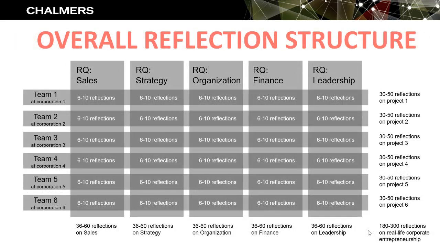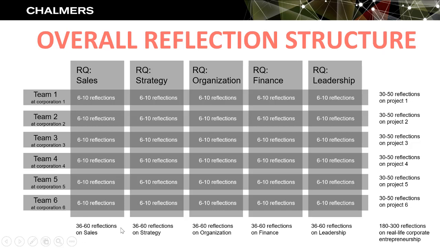So this is how it all fits together, the overall reflection structure. On the left-hand side here, you see the 6 different teams that are embedded in 6 different corporations around Sweden. And on this axis here, we see 5 different research questions in sales, strategy, organization, finance, and leadership. And in each of these cells here, you're going to get about between 6 and 10 reflections.